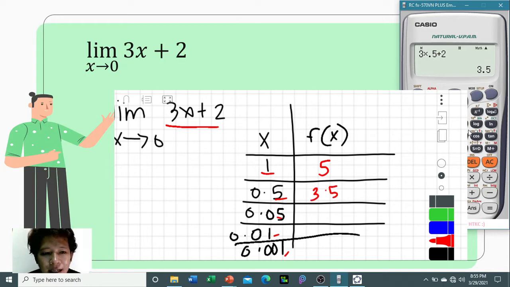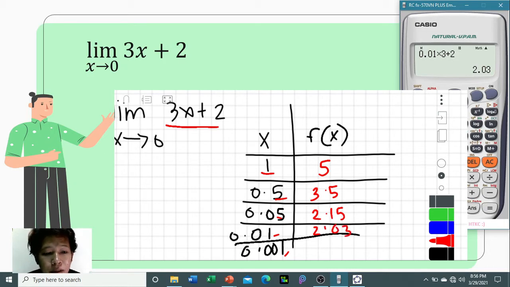Okay? And then, what if the value of x is 0.05? So, that would be 3 times 0.05 plus 2. So that will yield 2.15. And then we have the next one. We have 0.01. So that is 0.01 multiplied by 3 plus 2, so that would be 2.03.